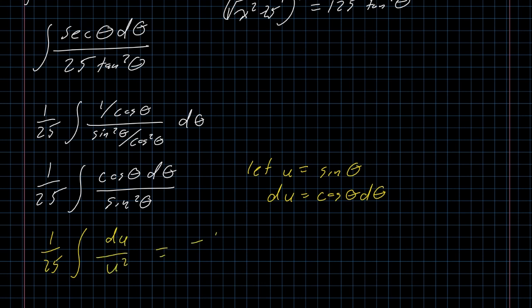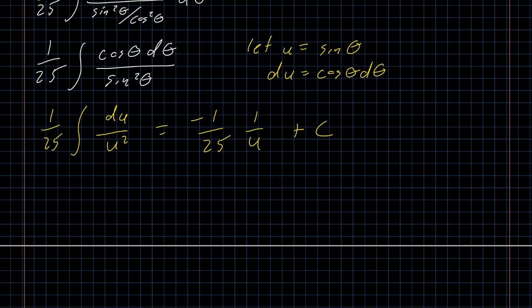And that's just minus 1 over u. Right, so negative 1 over 25 times 1 over sine theta plus our constant.